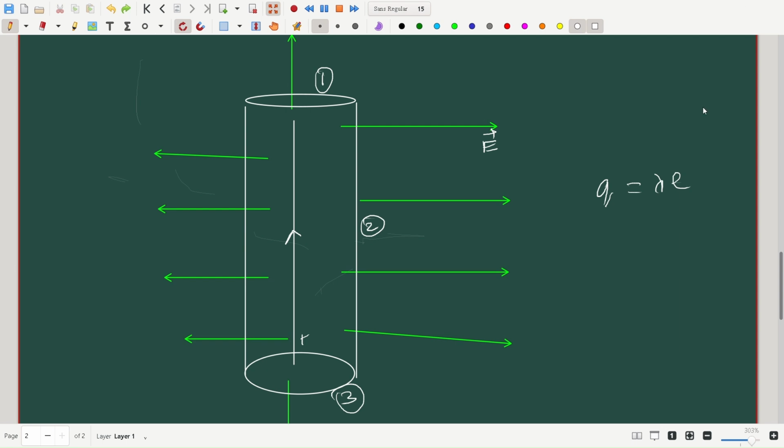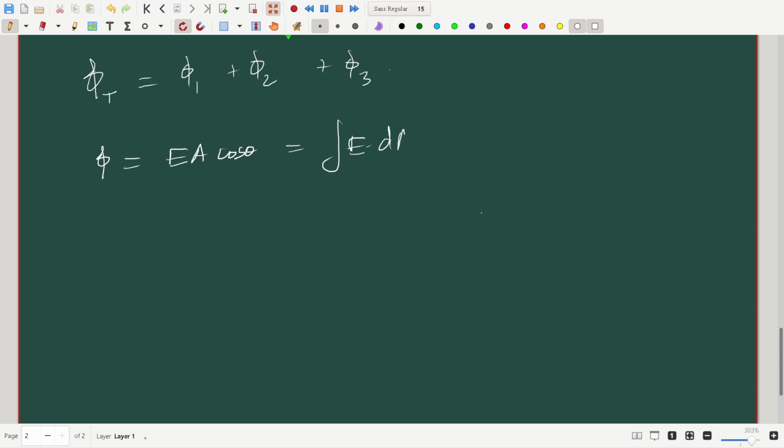If you are about to calculate the electric flux due to these three regions, the equation is given by phi total is equal to phi 1 plus phi 2 plus phi 3. Here you have to use the equation for electric flux: phi is equal to EA cos theta, or integral of E dot dA, where theta is the angle between the electric field and the area.